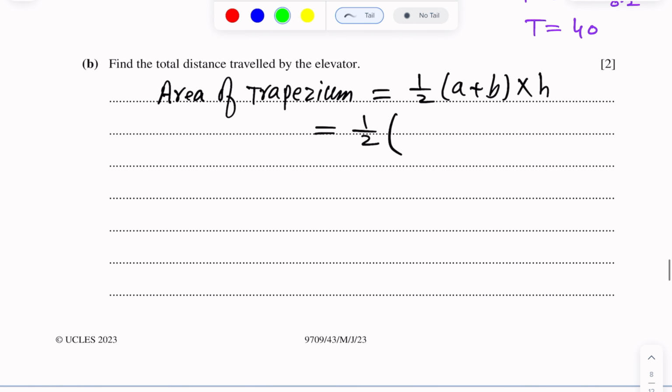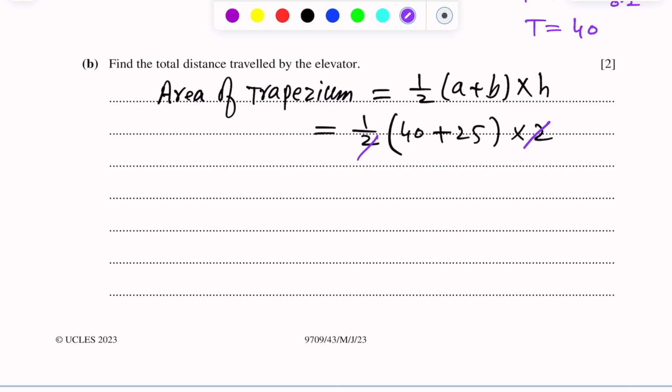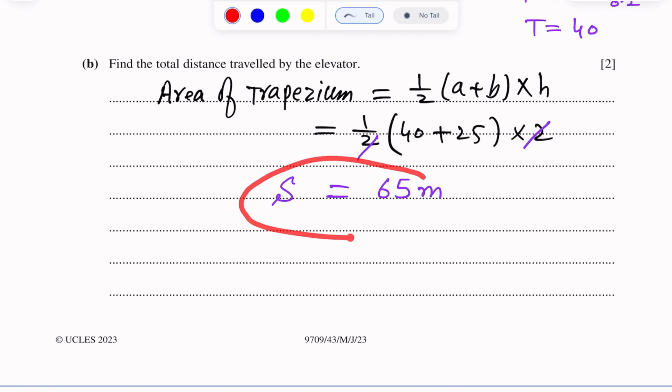So we are putting the values here: 1 over 2 into 40 plus 25 into 2. After simplifying, we get 65 meters. The area under the graph will give us the distance. So distance is equal to 65 meters.